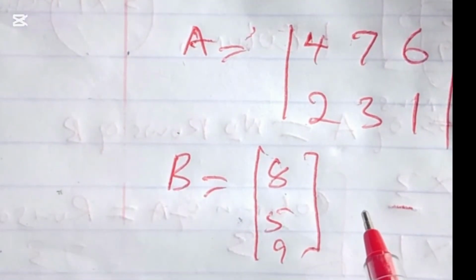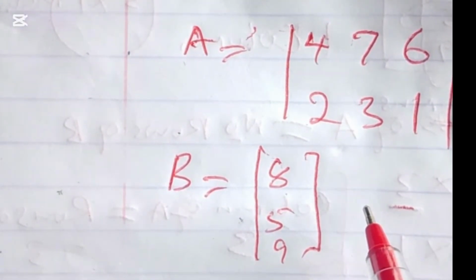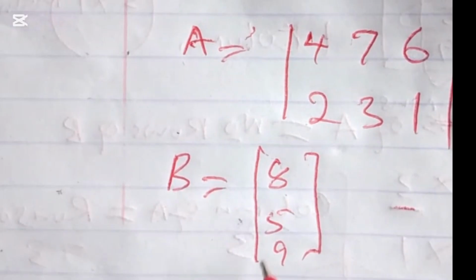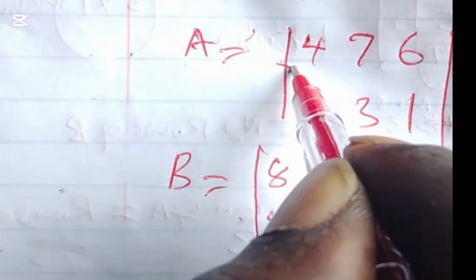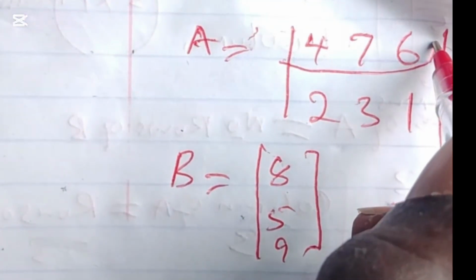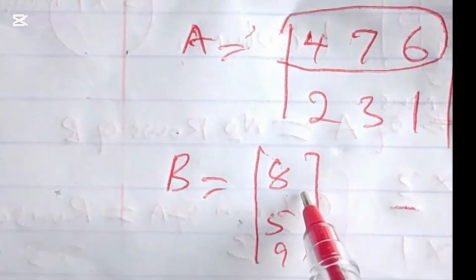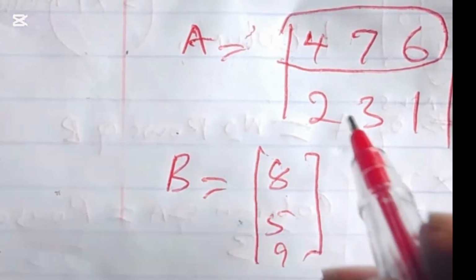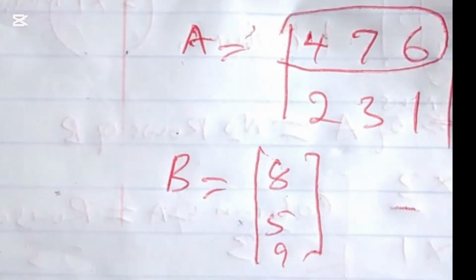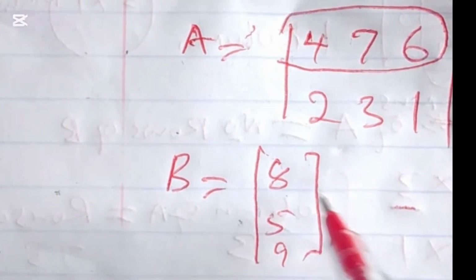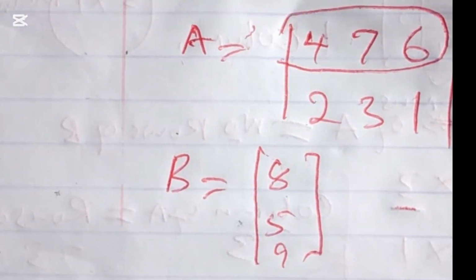The way we multiply is to take a row of A and multiply it with the column, then take the other row and do the same thing. Let's see how it works.